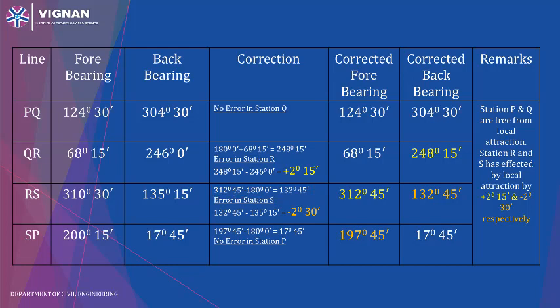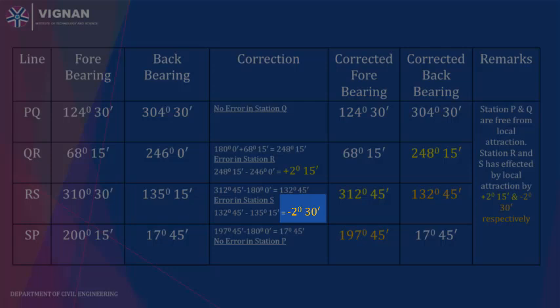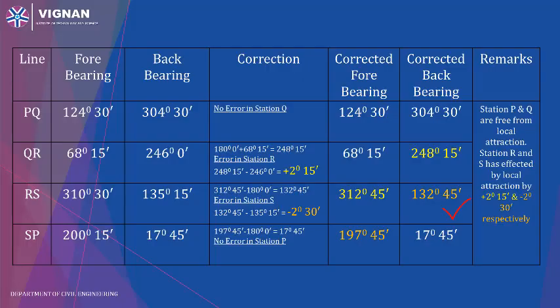If 132 degrees 45 minutes is the corrected back bearing but the observed bearing is 135 degrees 15 minutes, we have a correction of minus 2 degrees 30 minutes. So station S is affected by local attraction of minus 2 degrees 30 minutes. We will write down the corrected back bearing in the corrected back bearing column against RS.